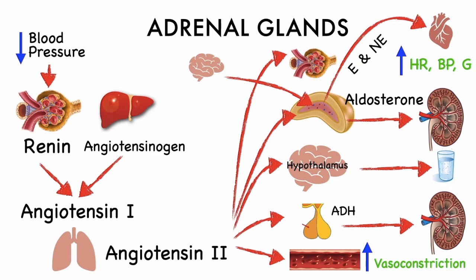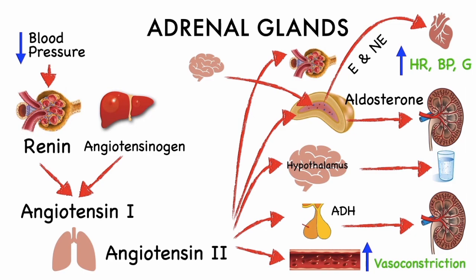Now, this whole diagram is what we call the renin-angiotensin-aldosterone system. We touch on this system with the cardiovascular system, the urinary system, the acid-base system, even in the pulmonary system. And once again, here we are in the endocrine system.